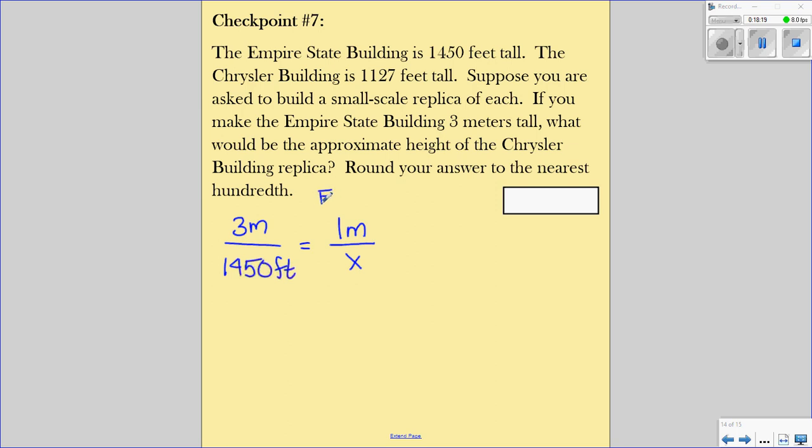Okay, we do that first. And I'm going to put Empire because we're dealing with that scale for Empire. So we cross multiply, divide by 3 on both sides, and then we should get 483.33. So I'm just going to leave it like this, so that for every meter, it represents 483.33 feet.